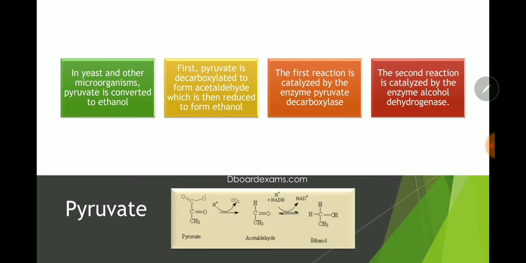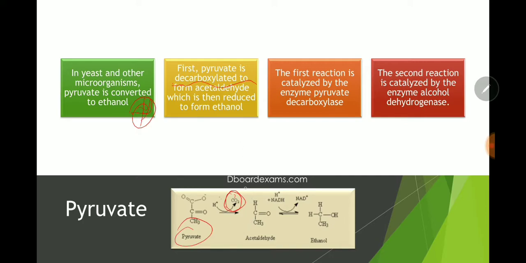So in yeast and other microorganisms, pyruvate is converted to ethanol, as I just mentioned. First, pyruvate is decarboxylated. So here is pyruvate decarboxylation. You're removing 1 carbon and producing carbon dioxide.